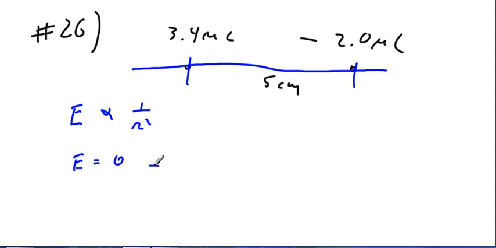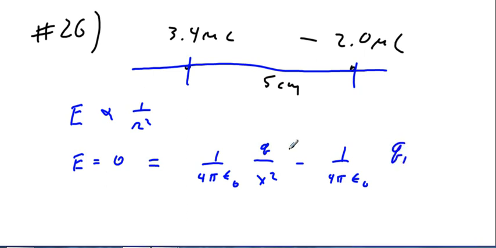So we want E equal to 0, which is going to be 1 over 4 pi epsilon naught Q divided by x squared minus 1 over 4 pi epsilon naught, the other Q, make this guy Q2, divided by the distance minus x, the quantity squared, and that's equal to 0.